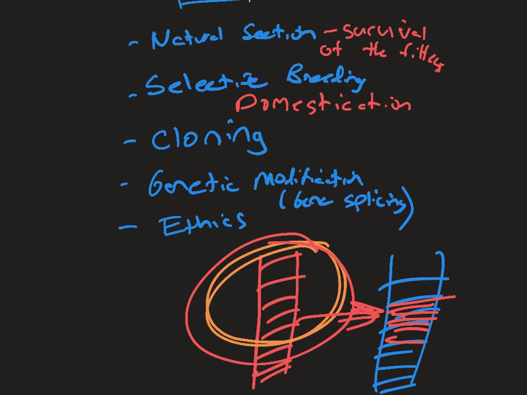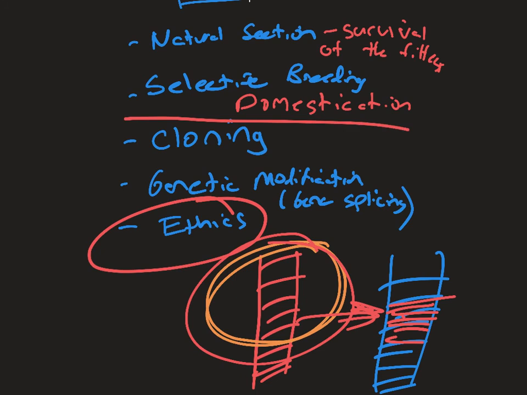So what I'm telling you guys, and I want you to think about this, folks, I want you to think about what is your ethical boundary? Are you okay with selective breeding? Are you okay with gene splicing? Because that happens a lot. I'll give you a different example I talked about yesterday.